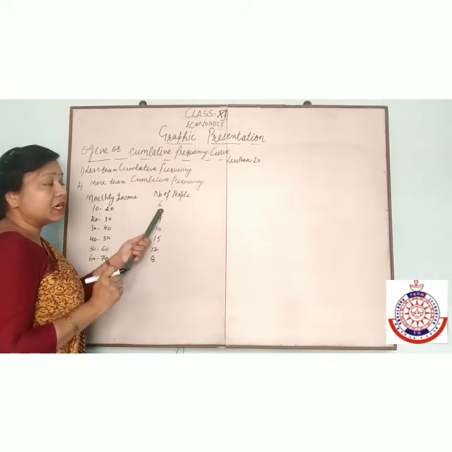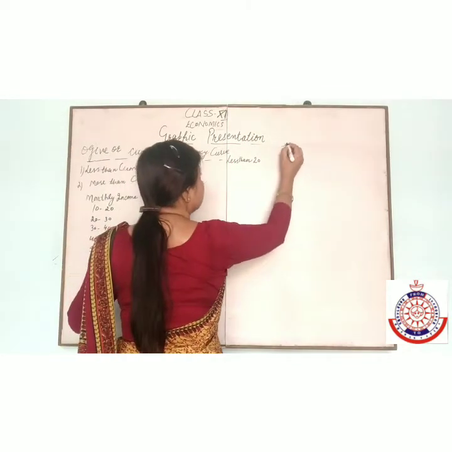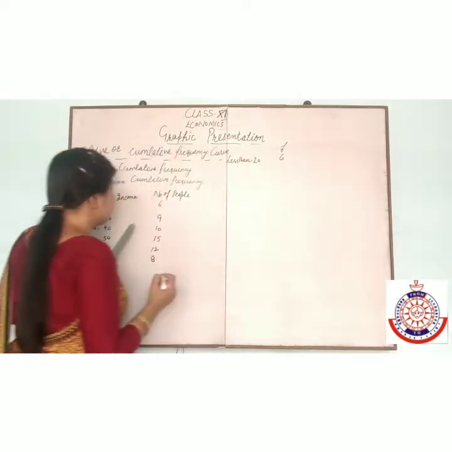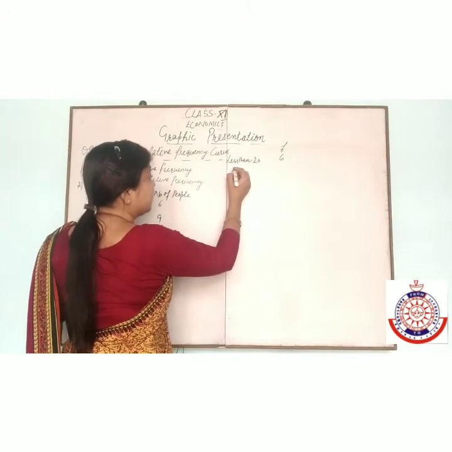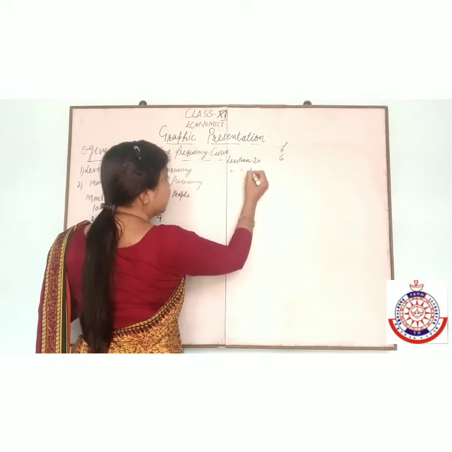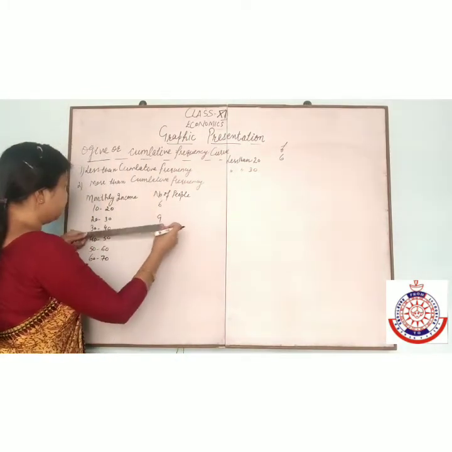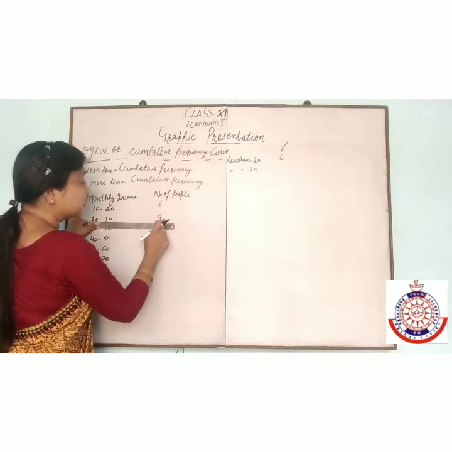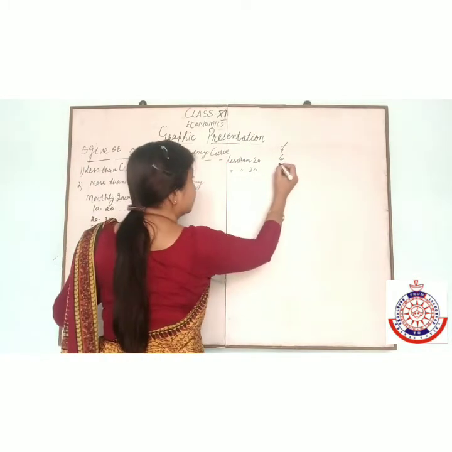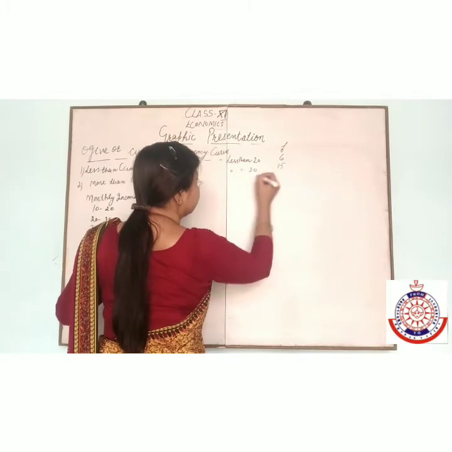These 6 people are less than 20, so the frequency is 6. Then it continues to less than 30. Less than 30 means these people are less than 30: 6 plus 9, 15 is less than 30.